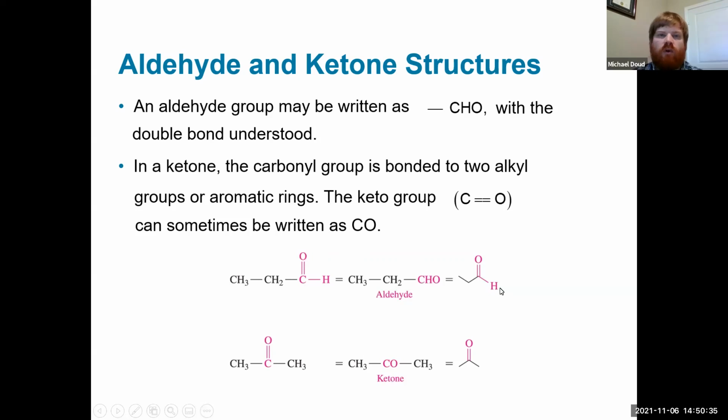It just comes up more often that you'll need to draw that hydrogen in. For a ketone, the condensed structural formula is CH3, and then for this C double bond O, you just put it as CO in line. So acetone becomes CH3, CO, CH3. And for the line angle formula, it's a double bond from the central carbon to this oxygen, just like what we draw here.